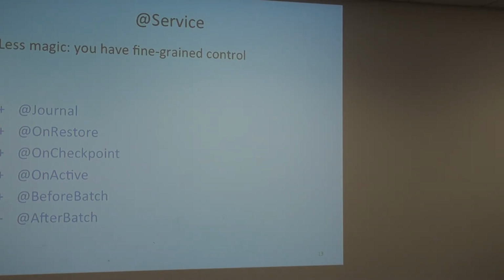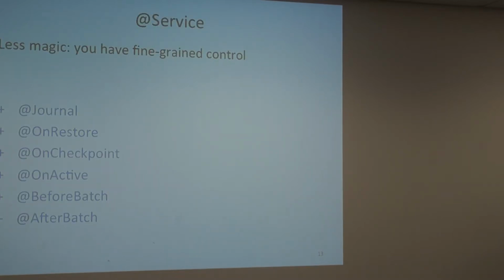Baratine would call your service right before a batch, and call your service right after a batch. So, for example, after a batch is done, you would want to flush your data to disk. That's how you're able to perform.